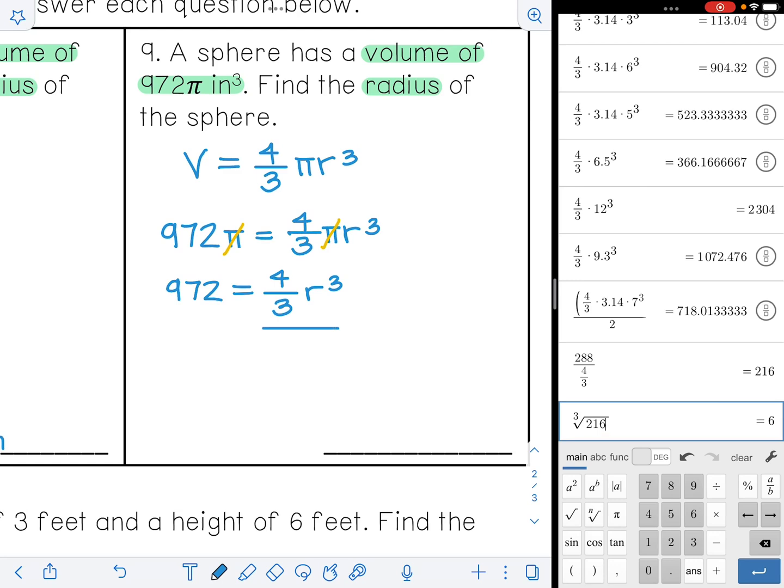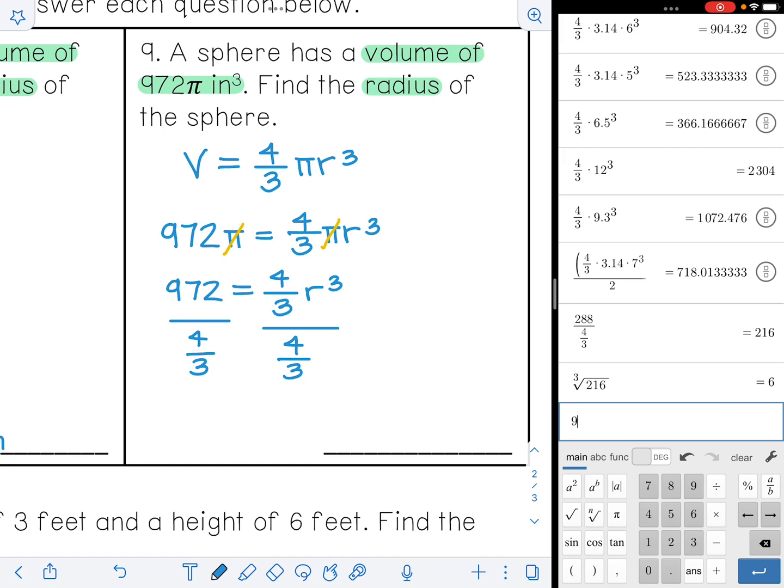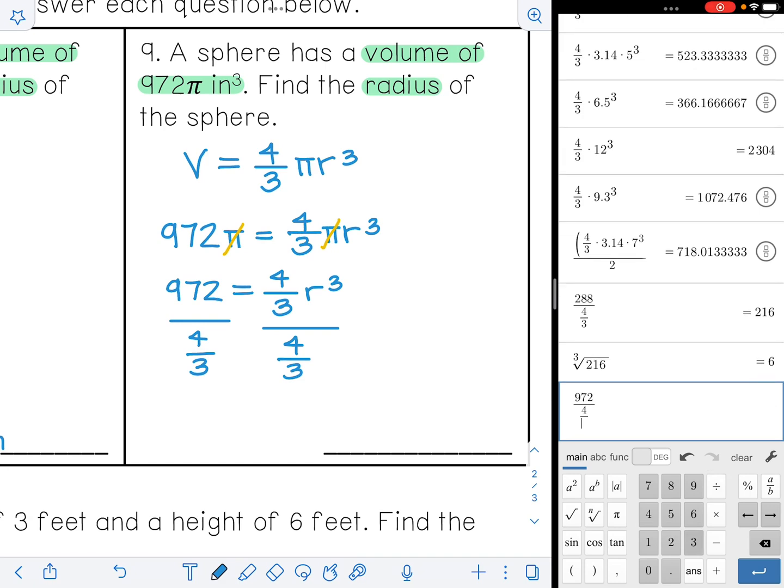To get r cubed by itself, we would divide out the 4/3 from both sides. So 972 divided by 4/3 will give us 729. That is equal to r cubed.